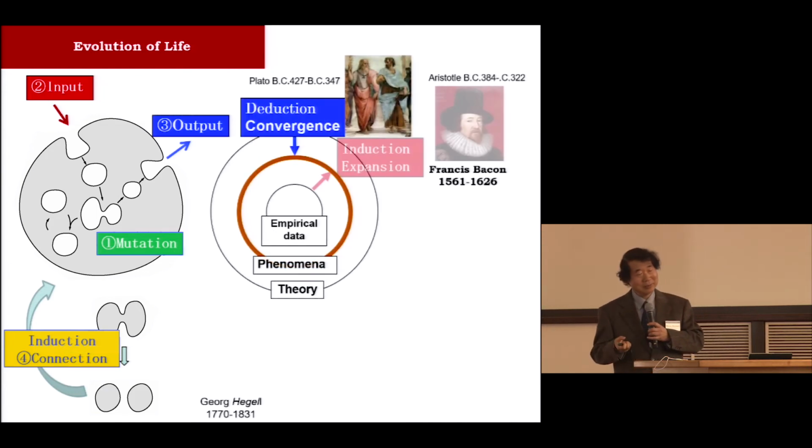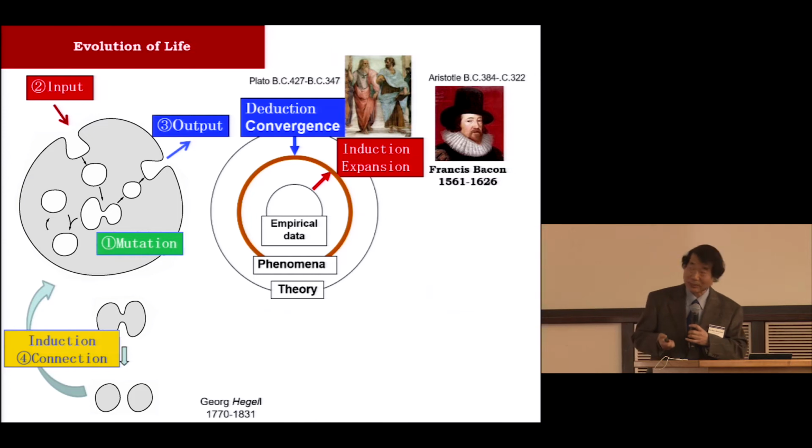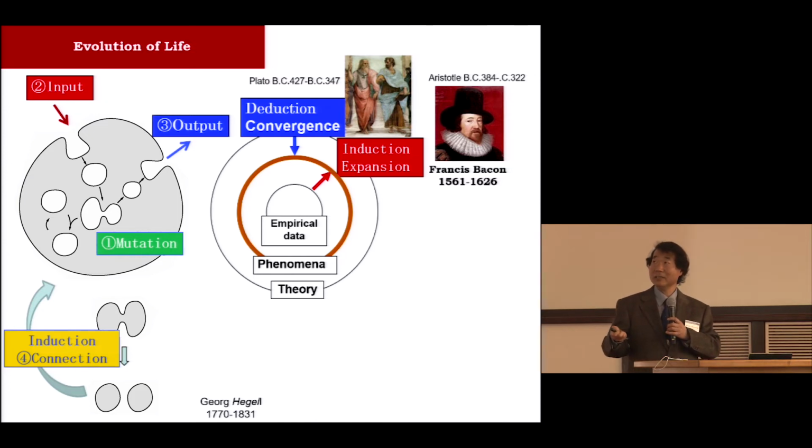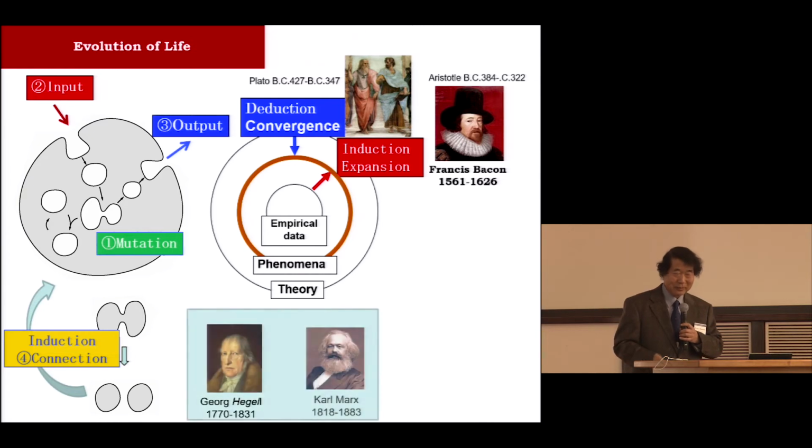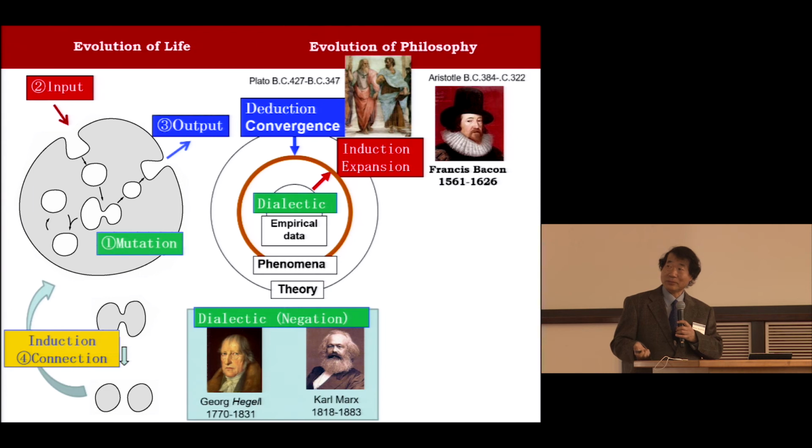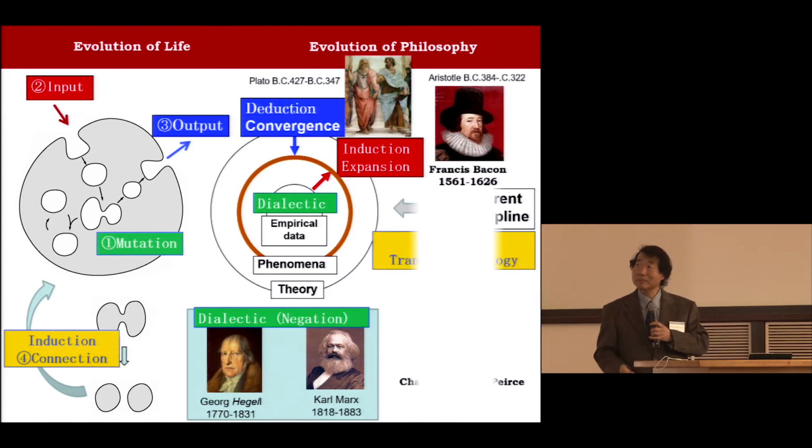Consider the evolution of philosophy. As I mentioned before, deduction and induction are very important. After Hegel and Marx suggested the importance of dialectic relating to negation, it became an important first principle.